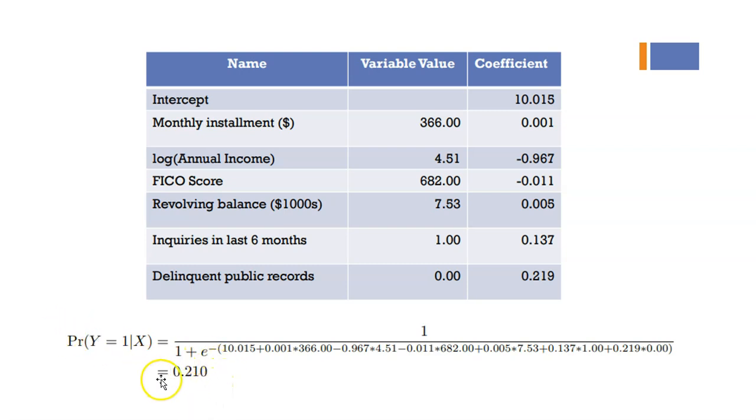The probability of default is 21%. This 21%, based on the rule we said, 20%. So the answer would be no, we should not consider this person. But of course there is an upper and lower confidence level, and we can always think about whether we can get more information about the customer and make the right decision.